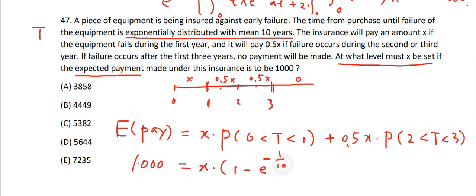Okay, so plus 0.5x times, here is e to the negative 1 over 10 times 1 minus e to the negative 3 over 10. Okay, so use a calculator we can find those numbers, and then we can solve for x.